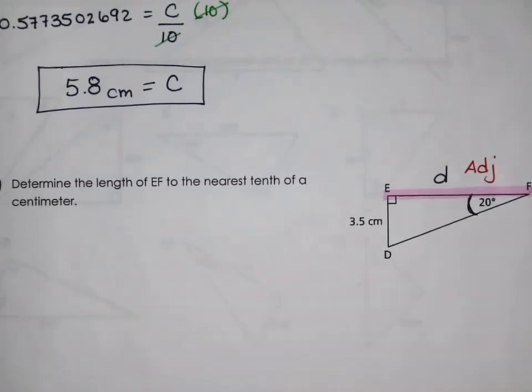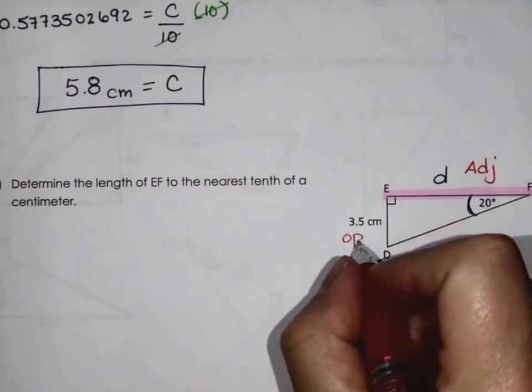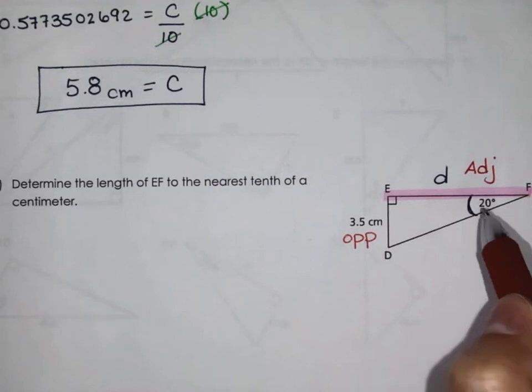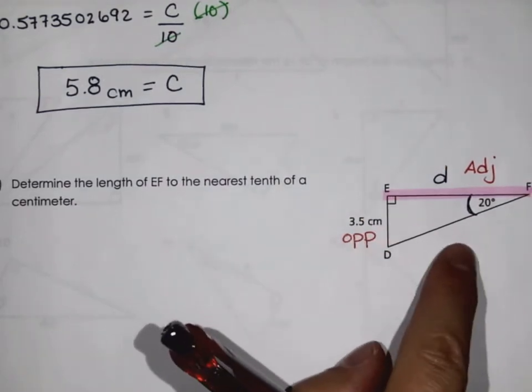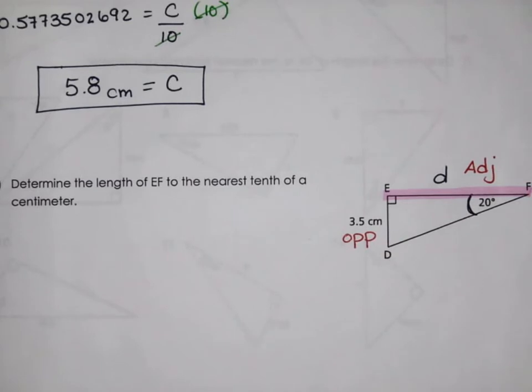And what side is the 3.5? Opposite. Because it's opposite to that angle. And again, we could label the hypotenuse, but I don't need the hypotenuse. So in order not to confuse myself, I'm only going to look at those two sides, the side I have and the side I want.